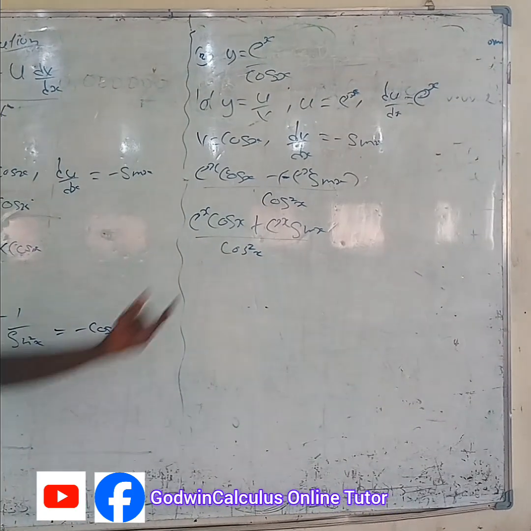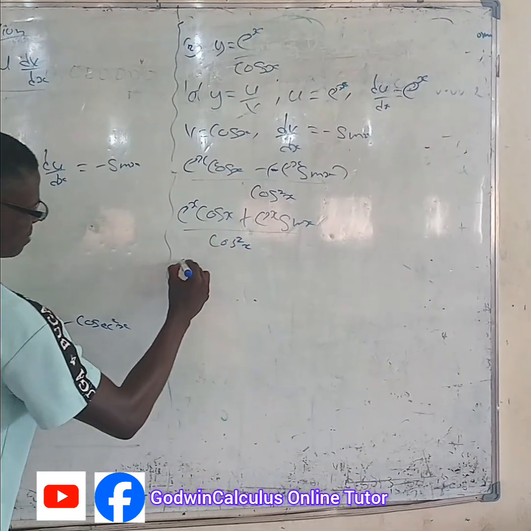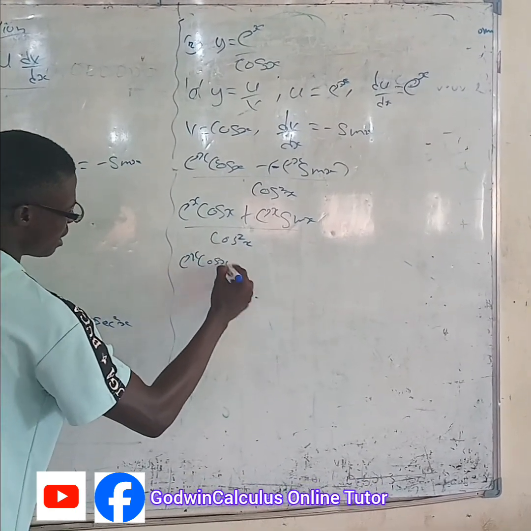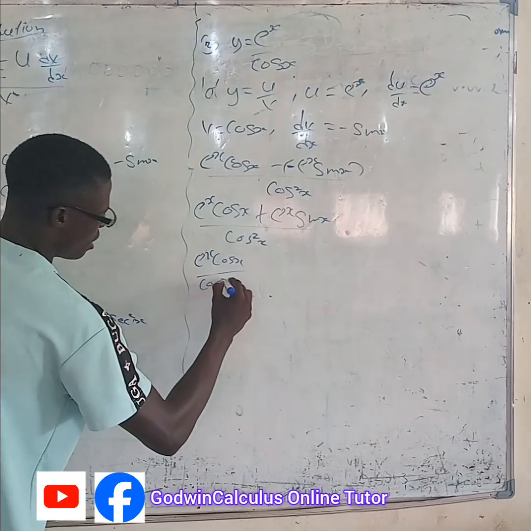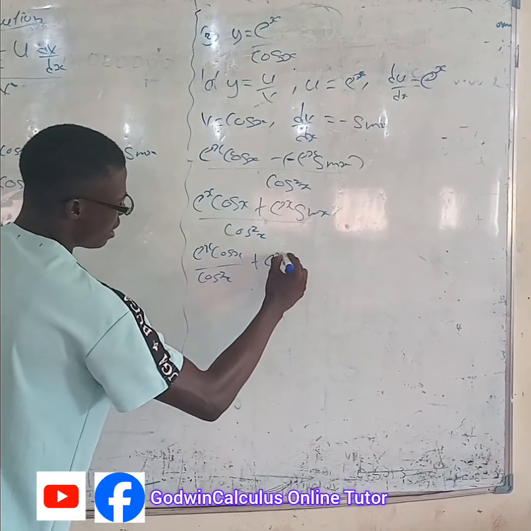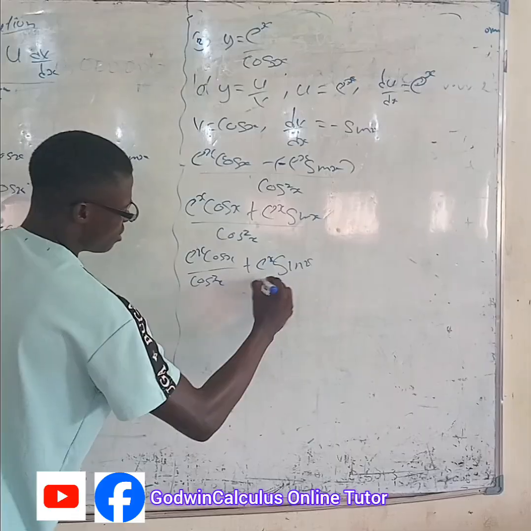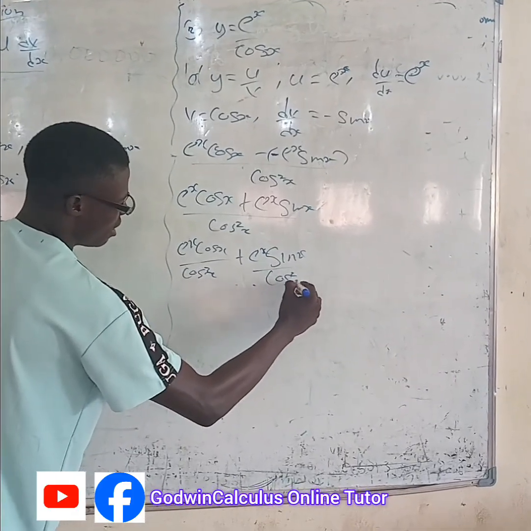In this case, we can split it. We can write this as e^x cos x all over cos squared x plus e^x sin x all over cos squared x.